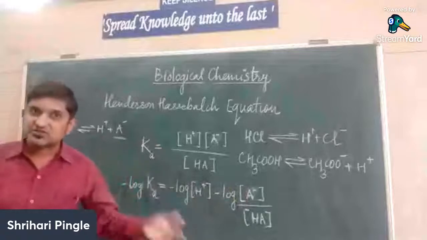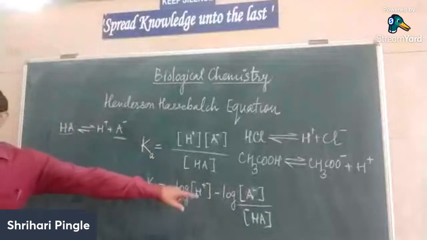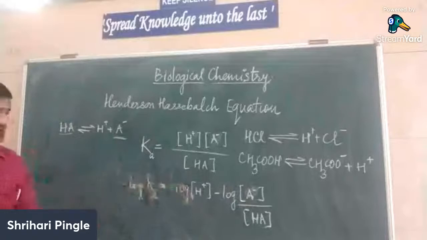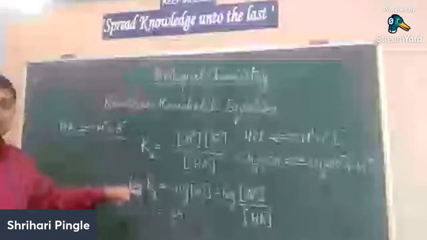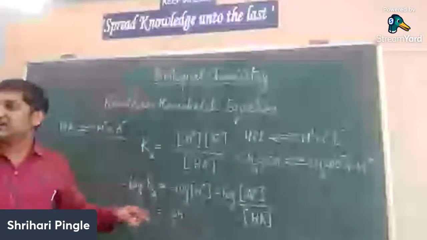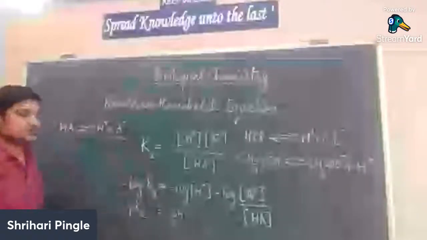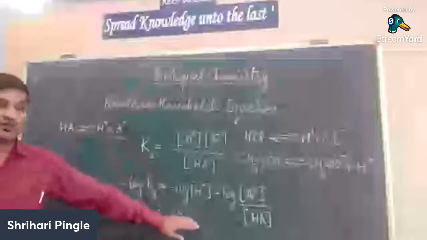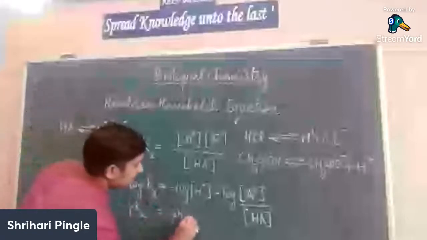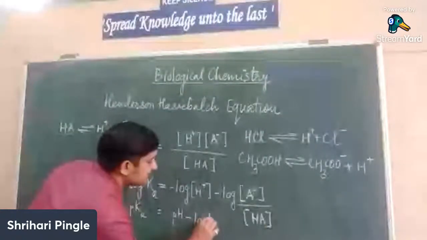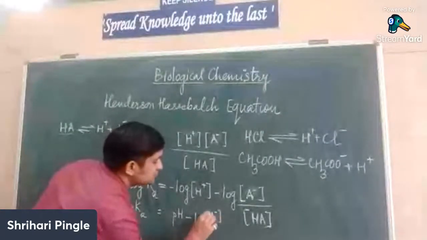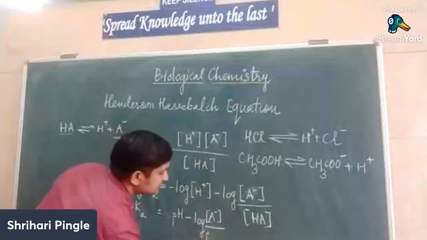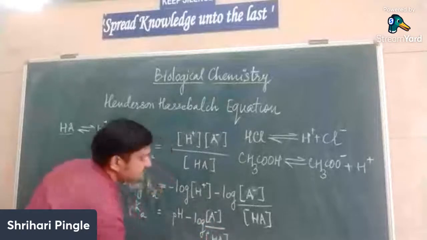Now from our previous knowledge, we know that negative log of H plus ion concentration is pH. And negative log of Ka is called pKa. So now we have an equation which says that pKa is equal to pH minus log of the concentration of conjugate base upon its corresponding acid.